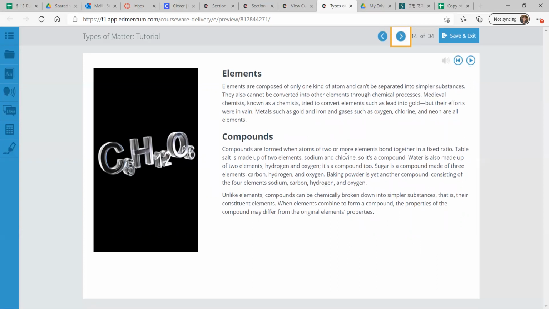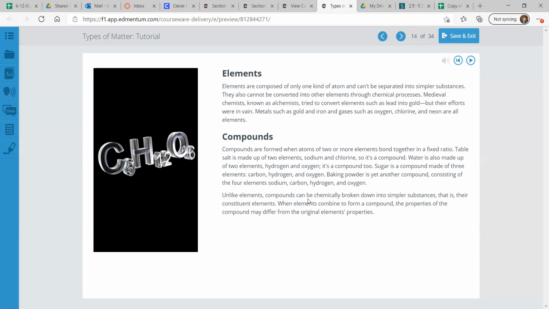Compounds are formed when atoms of two or more elements bond together in a fixed ratio. That's important, fixed ratio. So you see how this is a compound, C6H12O6. These are fixed ratios.